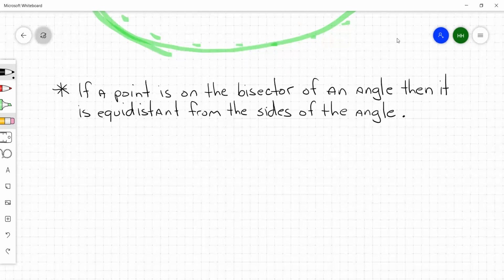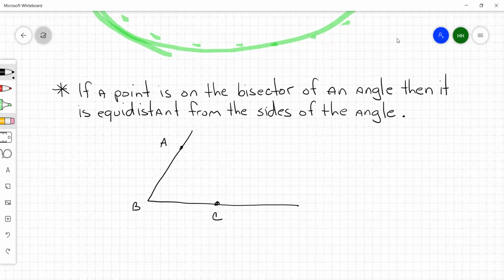So here's a picture. Let's get an angle. Got angle ABC. And now we're going to bisect this angle. We're going to get a ray that starts at point B, and it's going to split this angle in half.